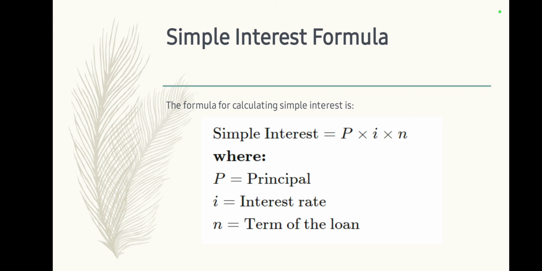The simple interest formula is principal multiplied by the interest rate multiplied by the term or the time of the loan.